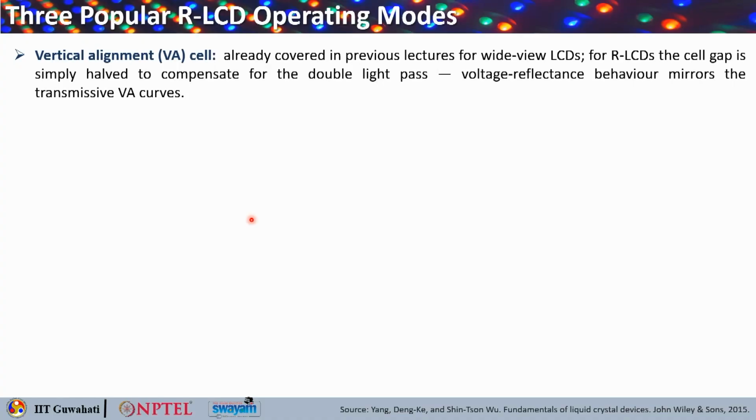With that, we can move on to the three popular reflective LCD operating modes. The first one is the vertical alignment or VA cell. So, it is already covered in the previous lectures for the wide view LCDs. So, what happens for reflective LCDs, we have seen that the cell gap is simply halved to compensate for the double pass, and the voltage reflectance behavior basically mirrors the transmissive VA curves.